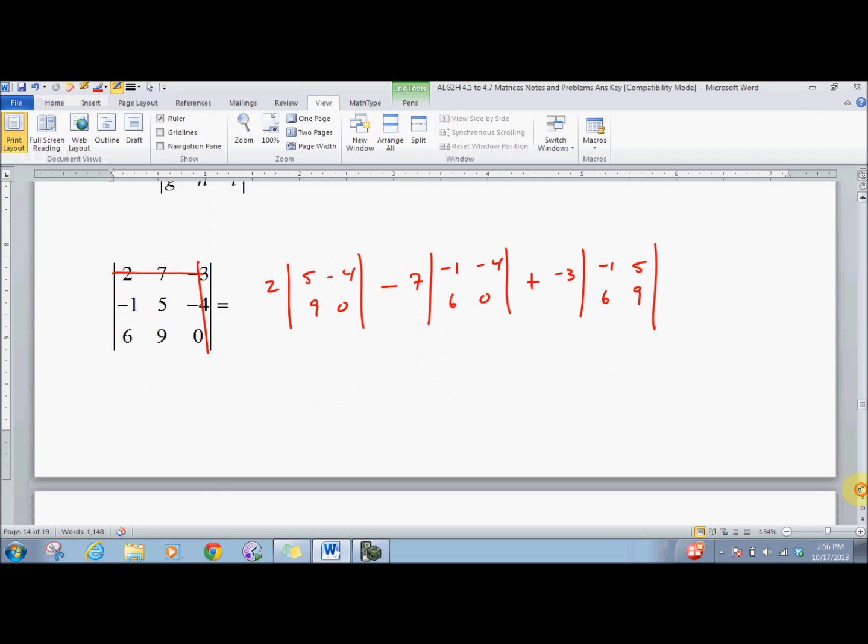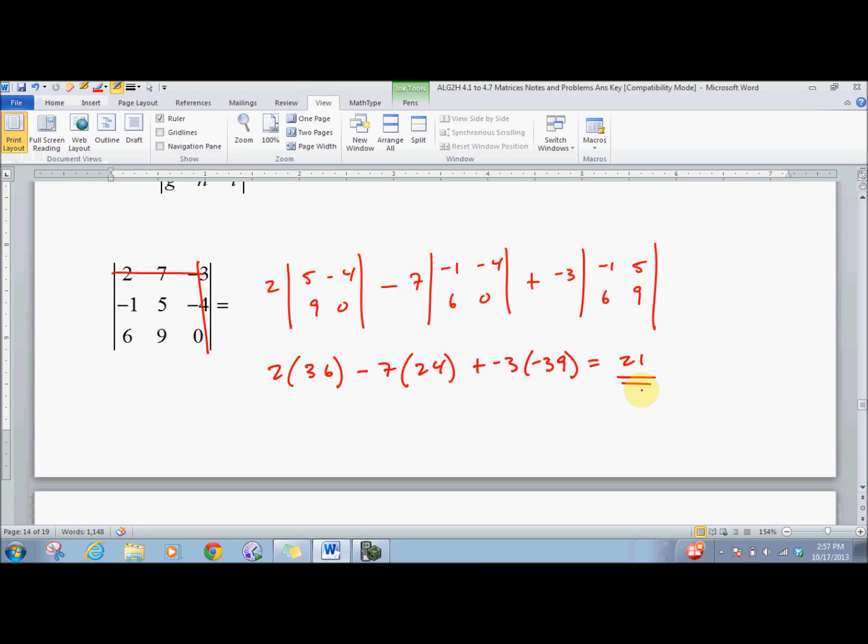And then we actually put it all together. 2 times 0 minus 36 is 36. Minus 7 times 0 minus negative 24 is positive 24. Plus negative 3 times negative 9 minus 30, negative 39, equals 21.